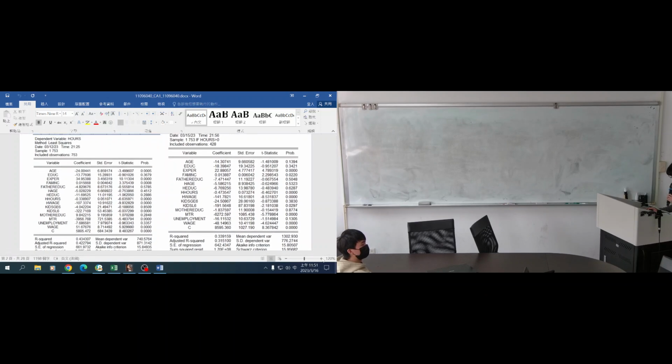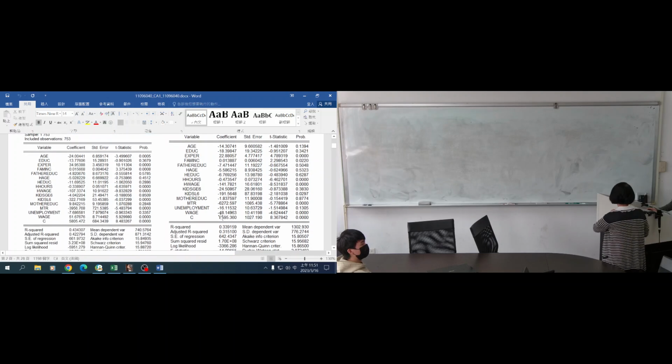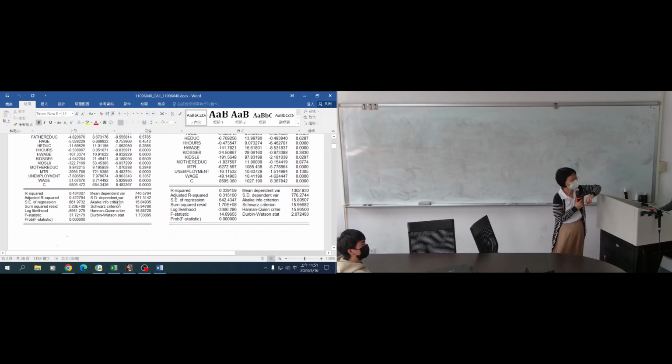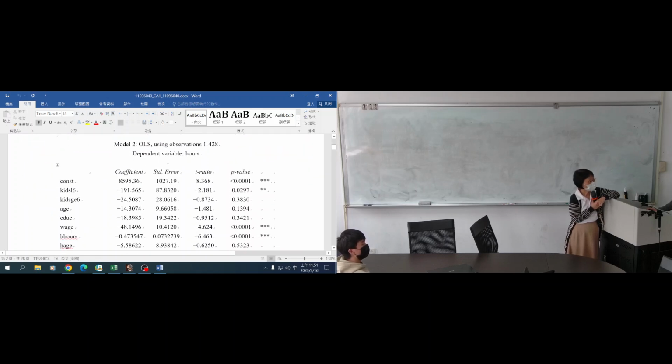Okay, thank you. And the adjusted R square also reduced from the whole sample to the condition. I also put in Gretl here, which makes it more convenient for us to see whether the variables are significant or not. The more stars, the more significant.